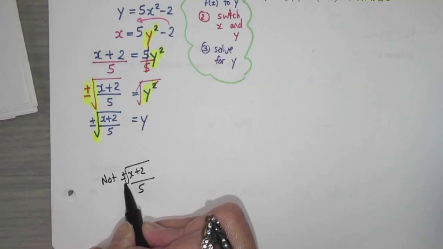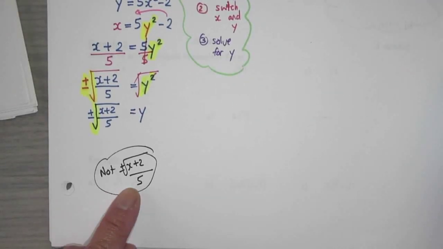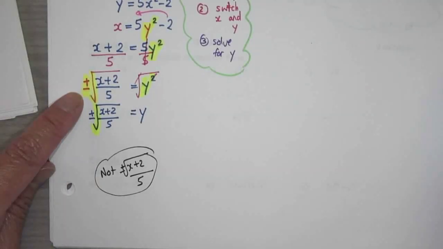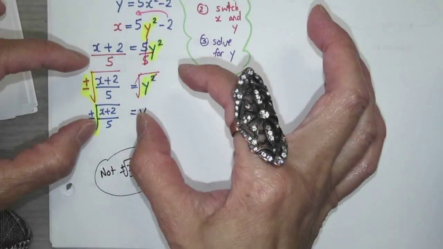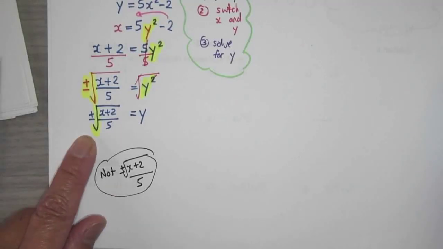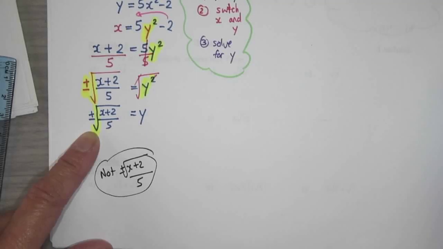Okay, it's the square root of the whole side, right? So not just the top part, it's the whole thing. It has to go right to the bottom. Okay, and I'm square rooting the whole side, not just the top, not just the numerator. Okay, that's wrong. Even if it's a little longer, it has to go right to the bottom of the 5, please. Grab the whole thing, grab the whole side.